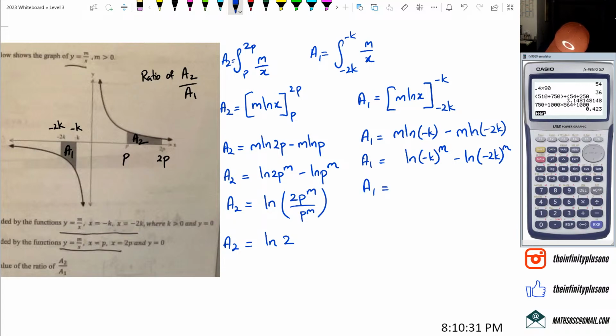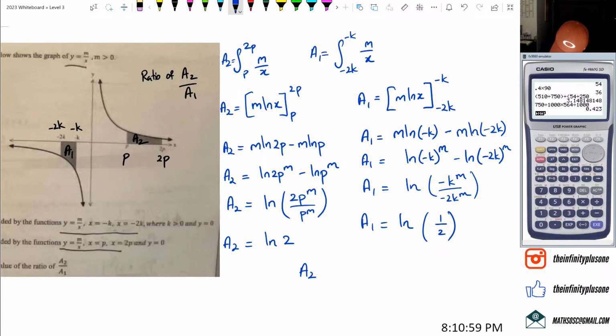So a1 is equal to ln of negative k to the power of m divided by negative 2k to the power of m. Which means a1 is equal to ln of negative 1 over 2. So it's going to be positive 1 over 2.